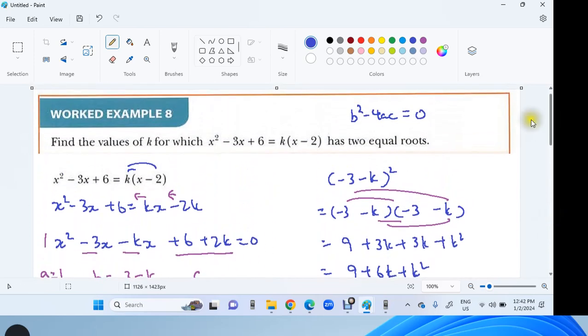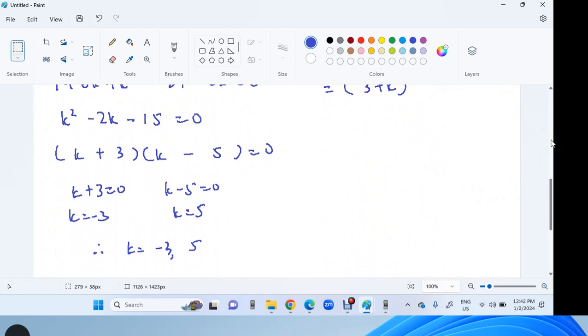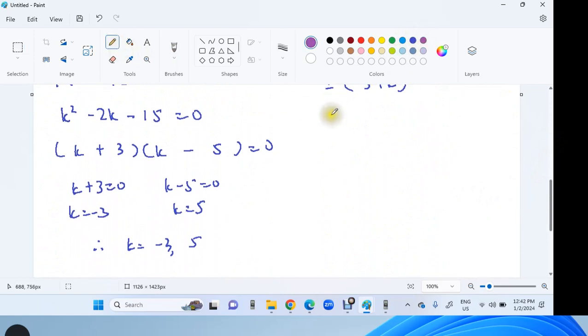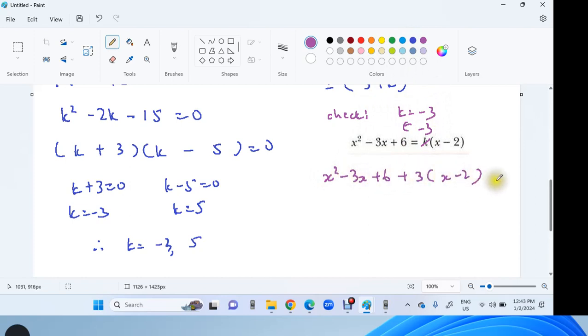Okay, so what does this answer stand for? They have two equal roots. So you see, we check what happens here. If k is negative 3, I move it in front, then it becomes x squared minus 3x plus 6 plus 3x minus 6 equal to 0.